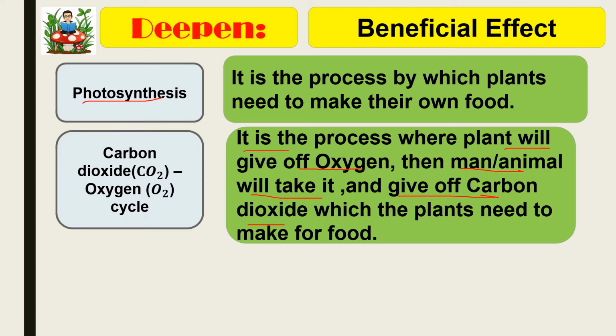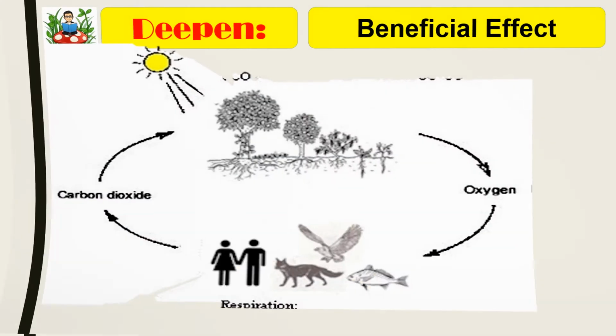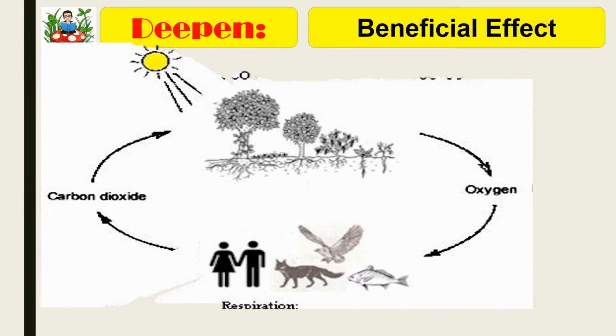So there is mutualism, a give and take. Here is the diagram: the plants give off oxygen for us animals for respiration, and we give off carbon dioxide for them to make their own food.